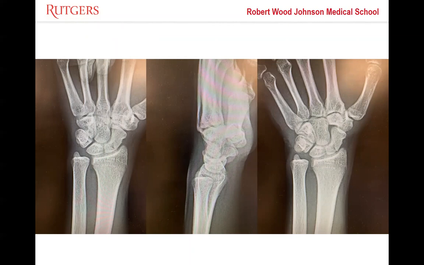He initially presented to the urgent care facility and they weren't sure if they saw anything. So they had him follow up with a different orthopedist, and then something happened, and then there was a delay in care. So needless to say, he comes to me at 4 weeks. He's in a wrist splint, and he wants to play hockey.